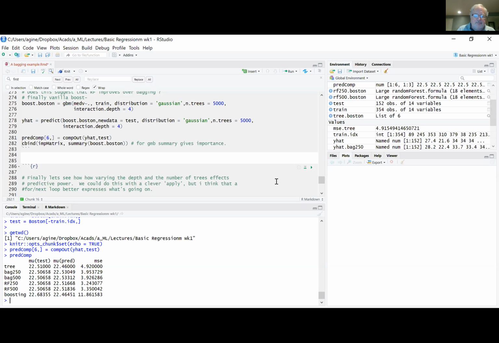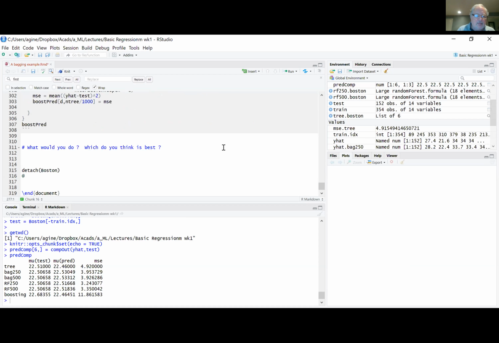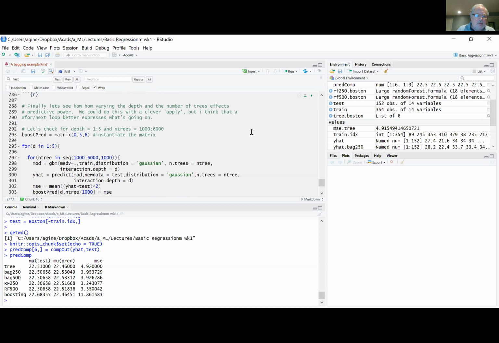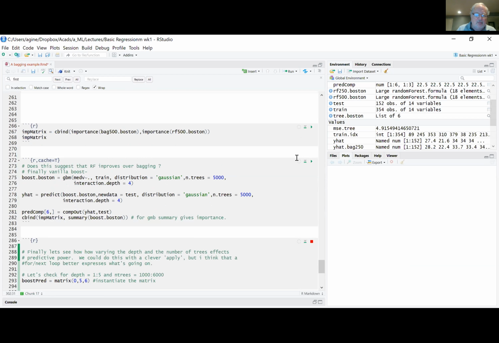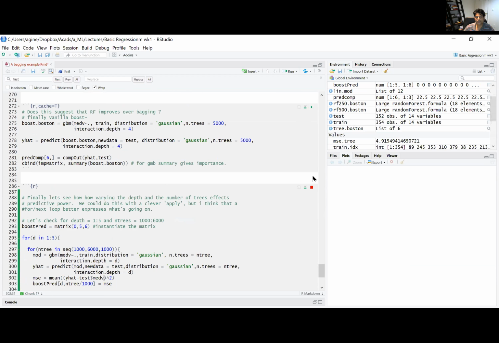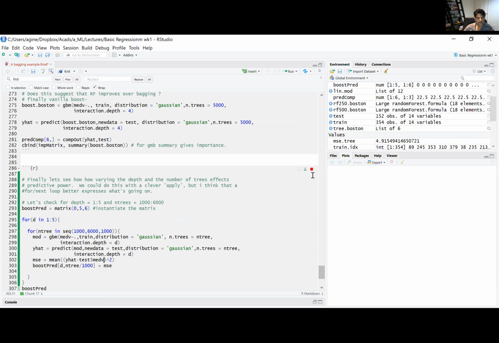Yeah. So if I go in here and change this to test$MEDV, now it'll take the square root. It'll take a little bit of time to run this because I'm running it over. And you also need to take the square root of that.